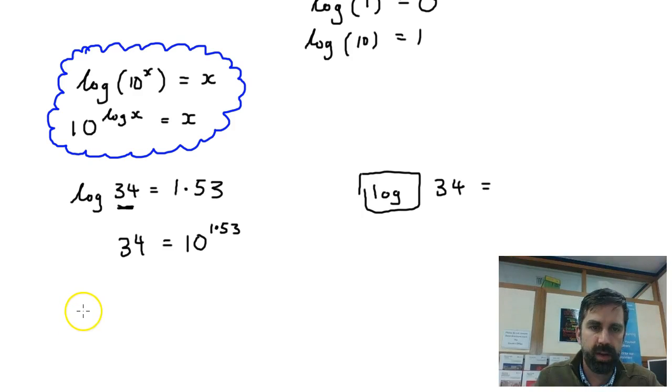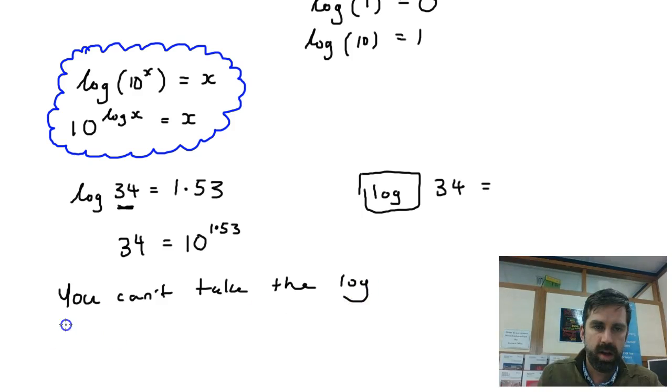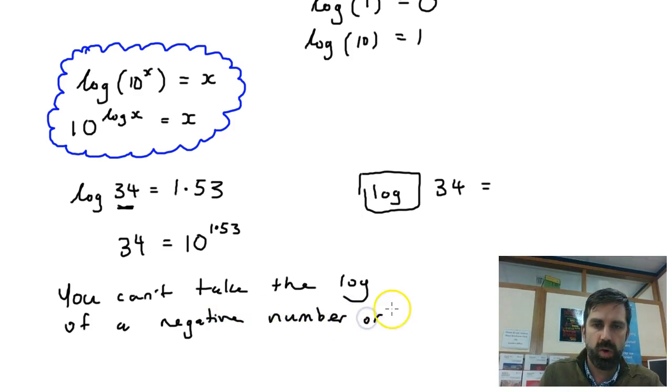So we can take any number here and turn it into a power of 10. One really important thing, though, that I'll finish on is that you can't take the log of a negative number or 0. So that's worth writing down as well.